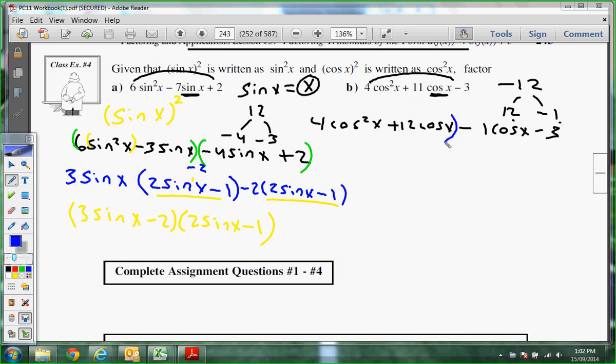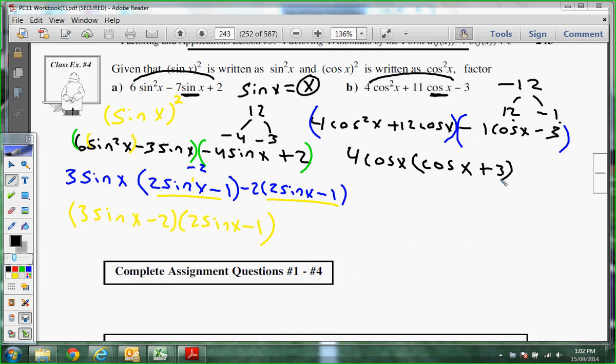Now we'll group. What do these have in common? 4 cosine x comes out, and cosine x plus 3 is in. What about this one?